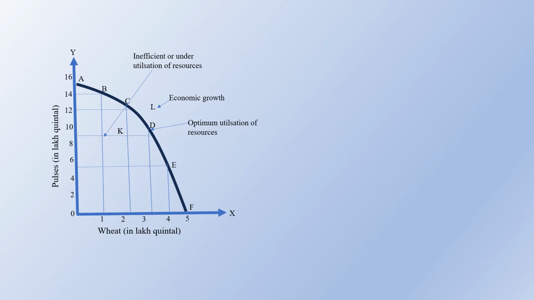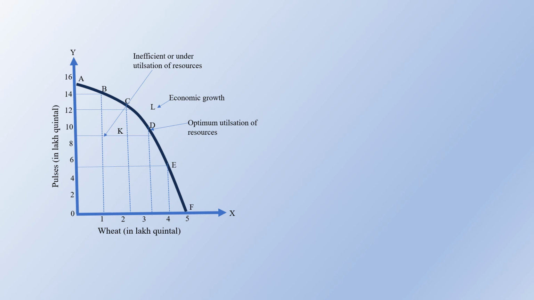Let us understand the concept of PPF with the help of this graph. This graph is prepared on the basis of our previous schedule. It shows the slope of PPF. PPF slopes downwards.